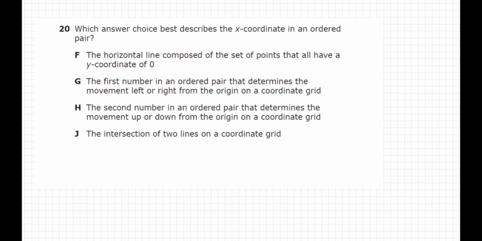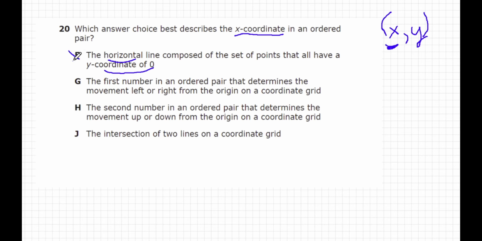Question number 20. Which answer choice best describes the x-coordinate in an ordered pair? Option F. The horizontal line composed of the set of points that all have a y-coordinate of 0.